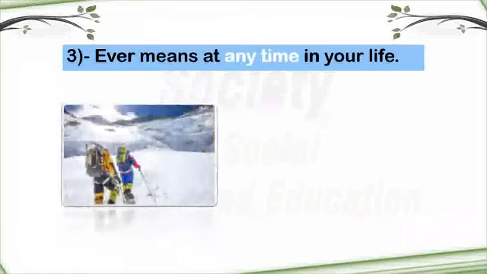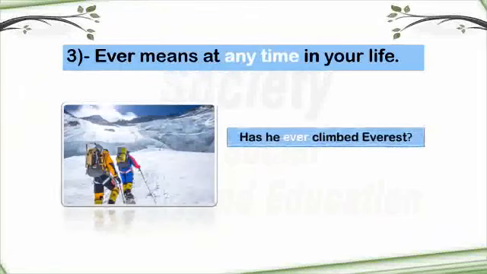Let's now identify the meaning of ever. What does ever mean? Ever means at any time in your life. Let's see in the examples. Has he ever climbed Everest? It means, has he at any time in his life climbed Everest? So ever, as you notice, is used in the question form when you ask a question using verb have or has.